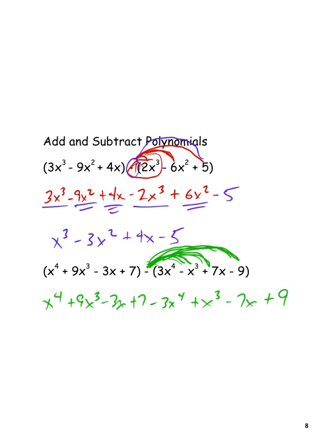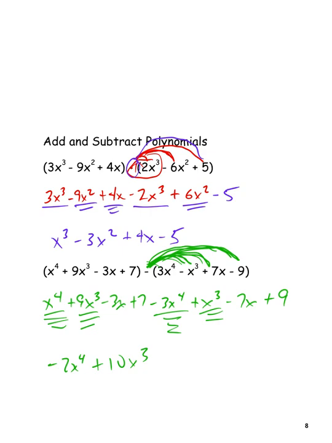And then again, we just combine the like terms. And then naturally you can combine like terms here. So we have the x to the fourth term here and here to be combined for a negative 2x to the fourth. We have 9x to the third and x to the third. So there's a total of 10x to the third.